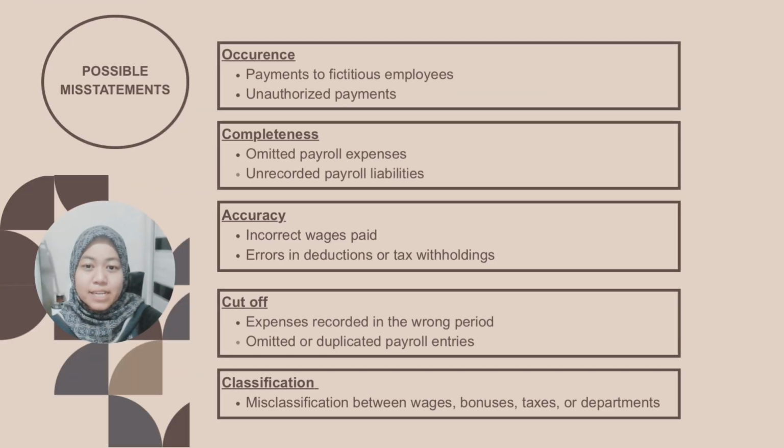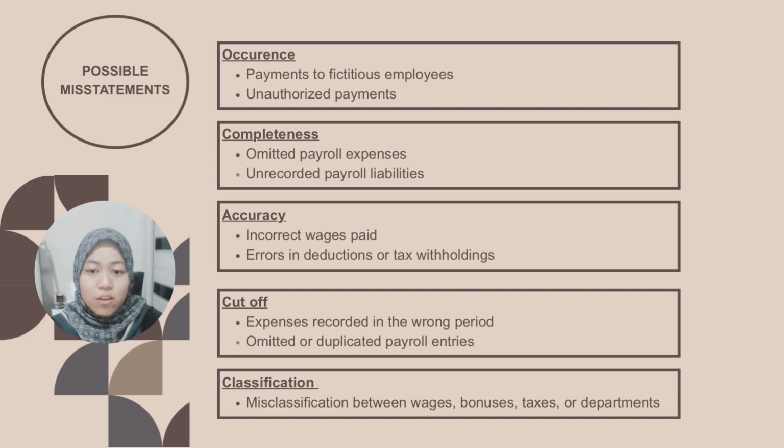There are five possible misstatements. In occurrence: payments to fictitious employees and unauthorized payments. Second, completeness: omitted payroll expenses and unrecorded payroll liabilities. Then accuracy: incorrect wages paid, and errors in deductions or tax withholdings.